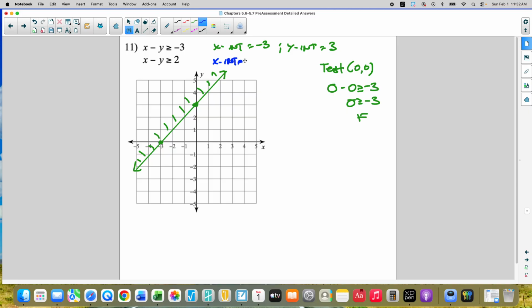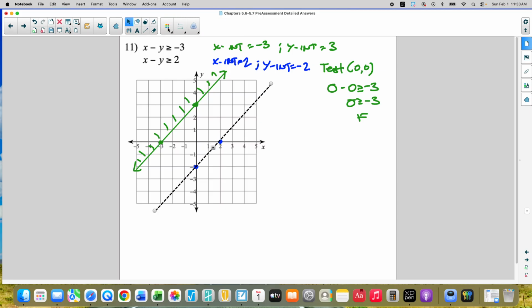X-intercept equals 2. Y-intercept equals -2. Closed circle. X is 2, y is -2. Ooh, okay. Is this the same slope? Yeah, it looks like the same slope. That's a solid line.